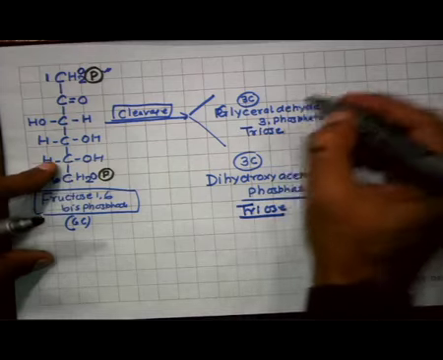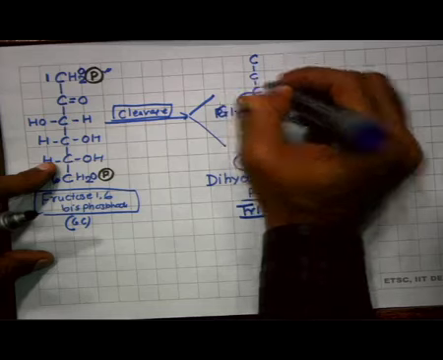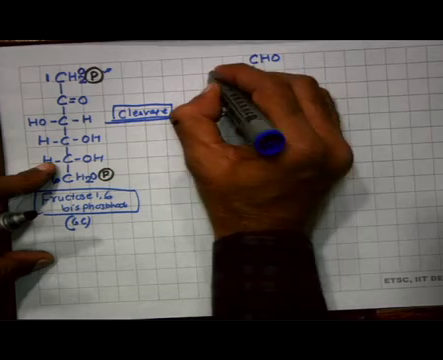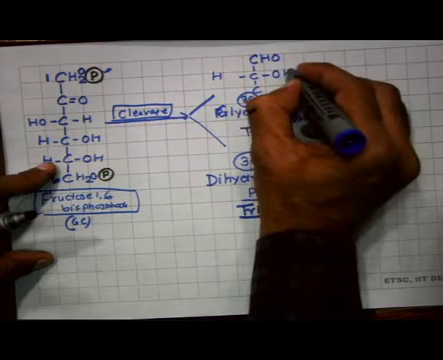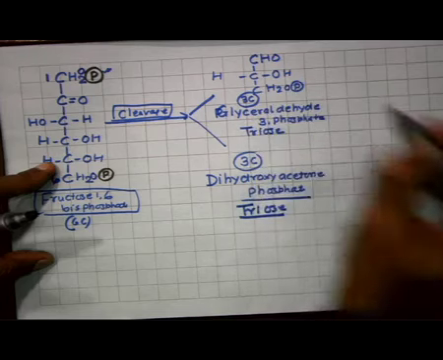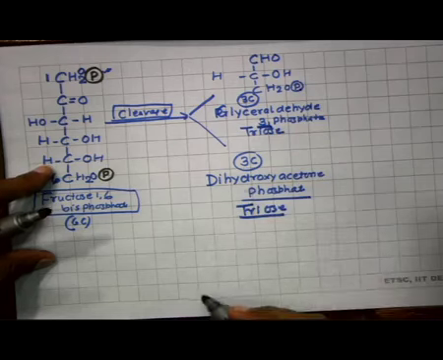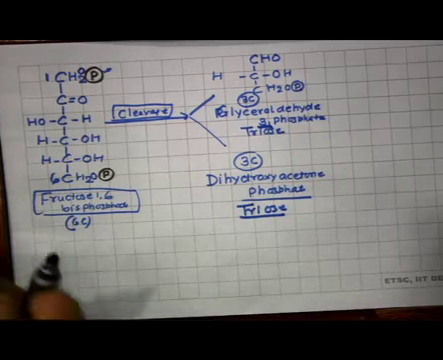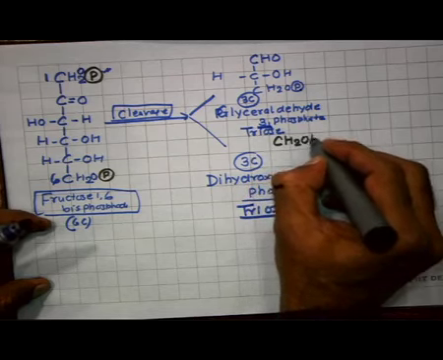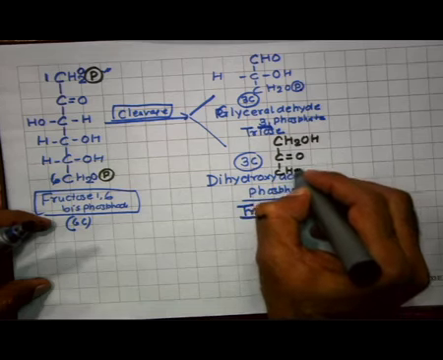So, it is converted into aldehyde. We can easily write the 3 carbon chain: the first carbon has an aldehyde group, the second one HOH and the third one CH2OP. That is, at carbon 3 there is a phosphate group. The dihydroxyacetone phosphate is also easily written: CH2OH, C double bond O and CH2OP.